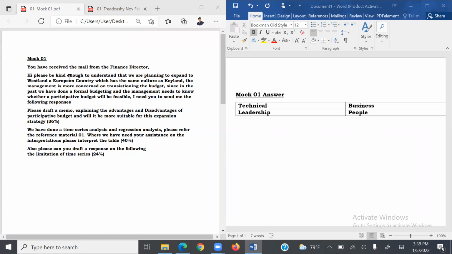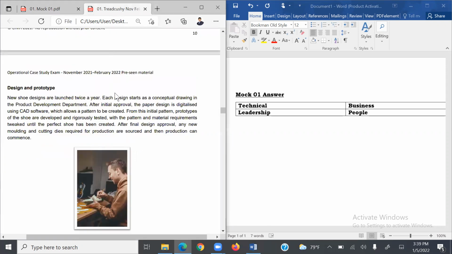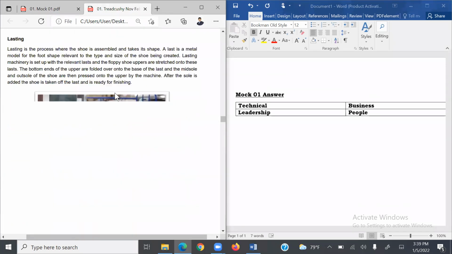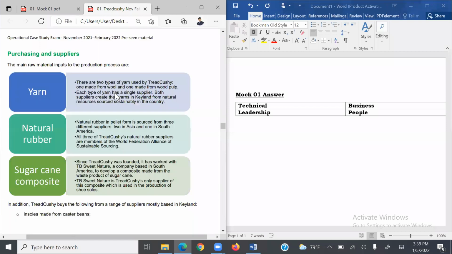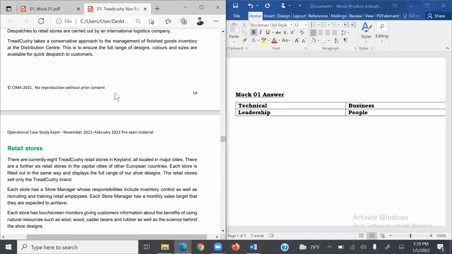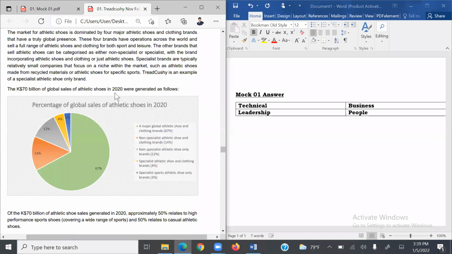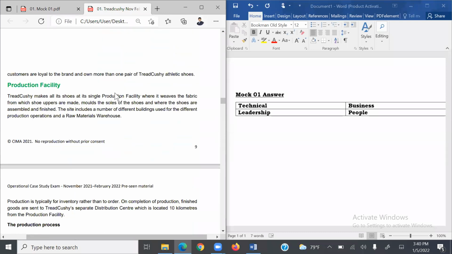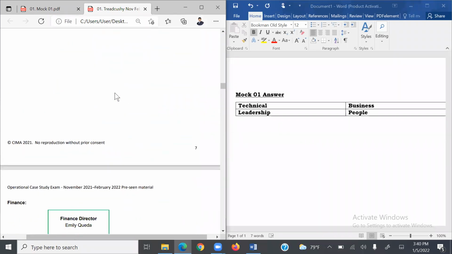Okay, now you have received a mail from the finance director. So in the future, students, you need to know the name of your finance director. For OCS, it's not compulsory, but for the betterment, remember the character's name. So students, if you observe, we had our department. The finance director is Emily Quida.